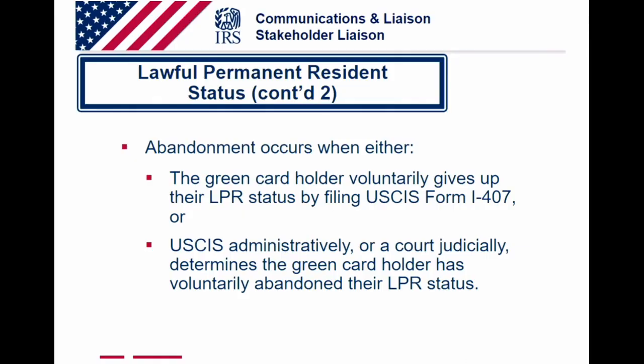Abandonment occurs when either the green card holder voluntarily gives up their LPR status by filing USCIS Form I-407, or USCIS administratively or a court judicially determines the green card holder has voluntarily abandoned their LPR status.